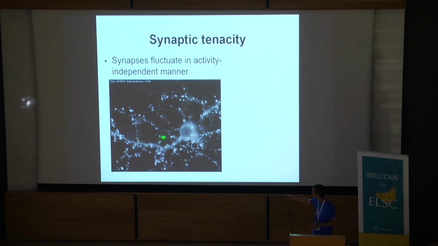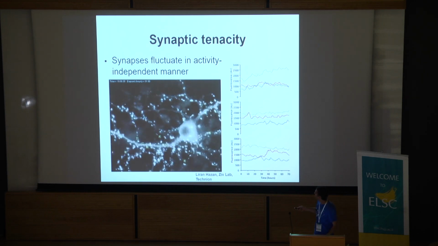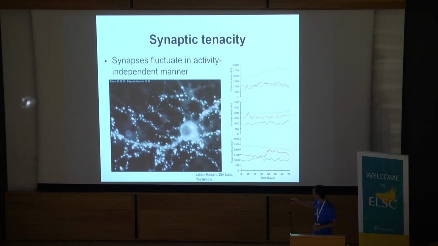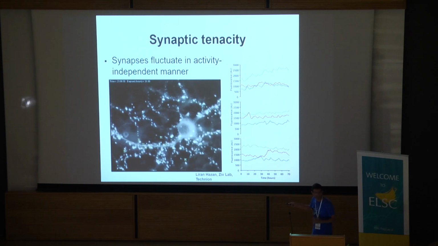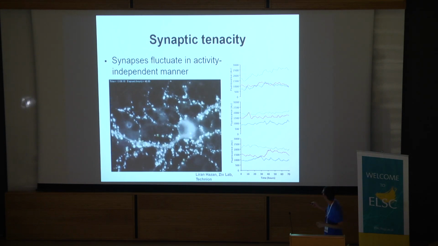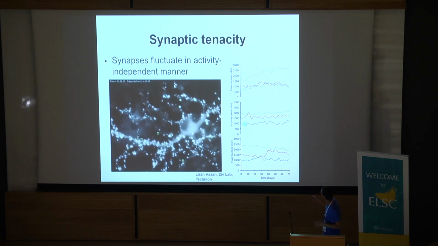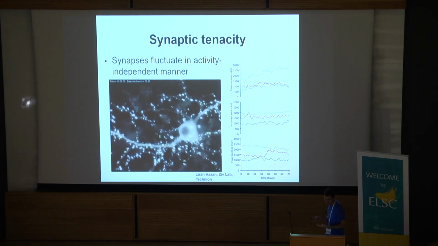But also, if you only limit yourself to the spines that did not vanish or appear, but you look at the fluorescence of the spines that existed throughout the experiment, then you see that they vary quite a lot. And again, this is in the absence of electrical activity. And you see there are quite large fluctuations.